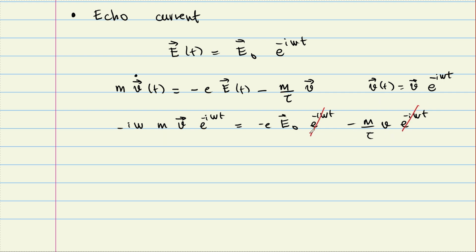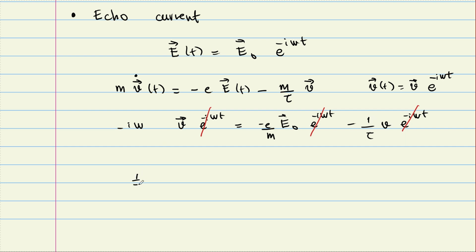Now I can cancel these, and I'll divide by m and I'll take 1 over tau to the other side.